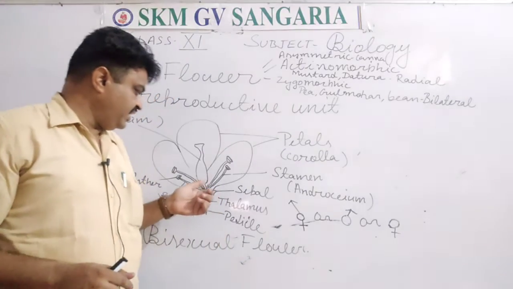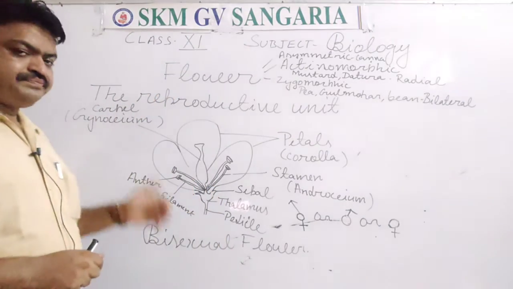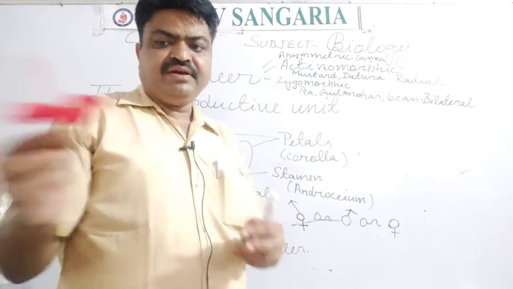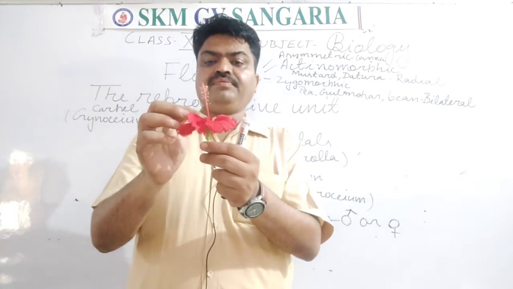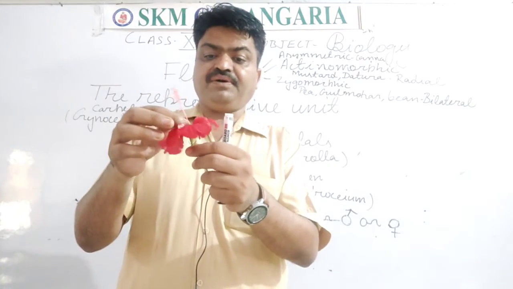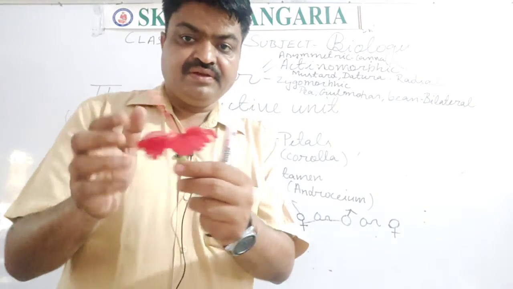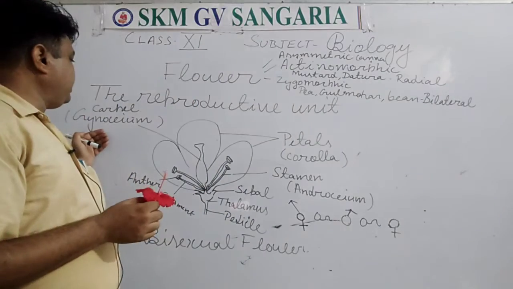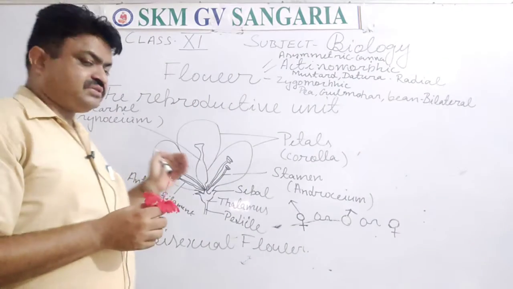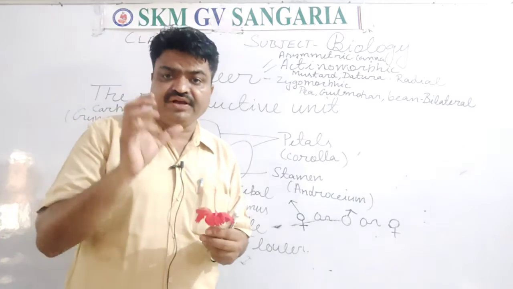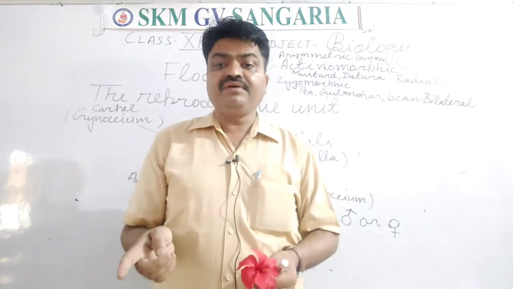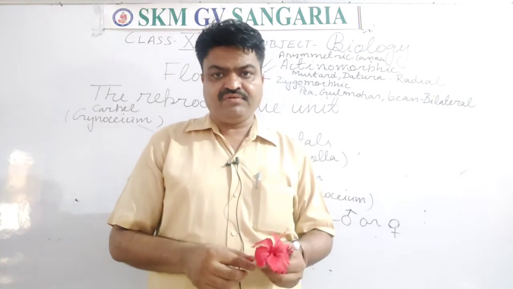It is known as carpel or pistil, student. In this long middle part, known as the carpel, it contains the ovary, and in the ovary, student, ovules are found, meaning the female gametes are found.